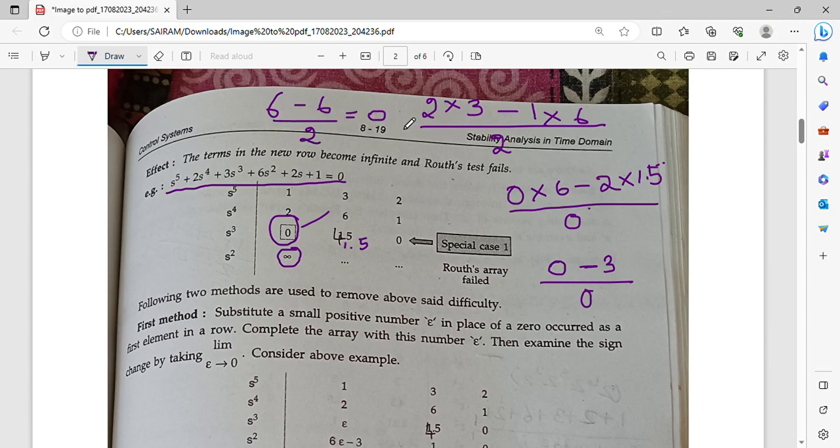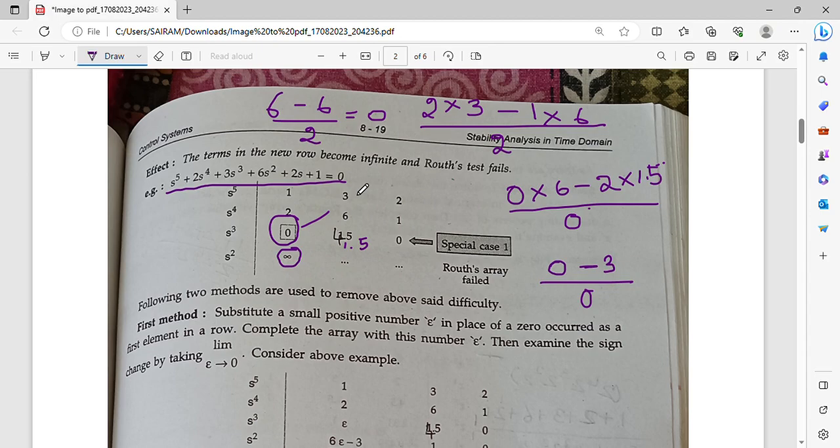So you got 0, and that 0 is the special case number 1. If you try to solve further, you will get infinity. Therefore you are supposed to follow some procedure. What are the two procedures that you have to do? I told you, in this case there are two procedures for special case 1.